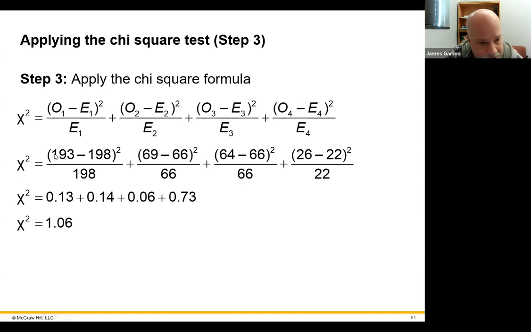Then observed minus expected squared divided by the expected in category 3, and in category 4.